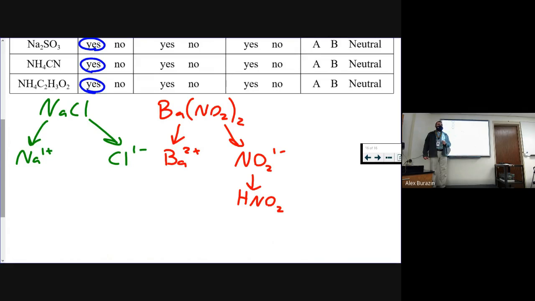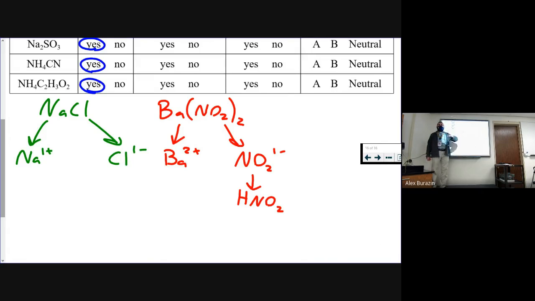Double check your subscript. Nitric acid is strong. That's HNO3. Nitrous acid is weak. That's HNO2. Yeah, very subtle, but it matters a lot. So nitrous acid is weak, somewhere in the middle.